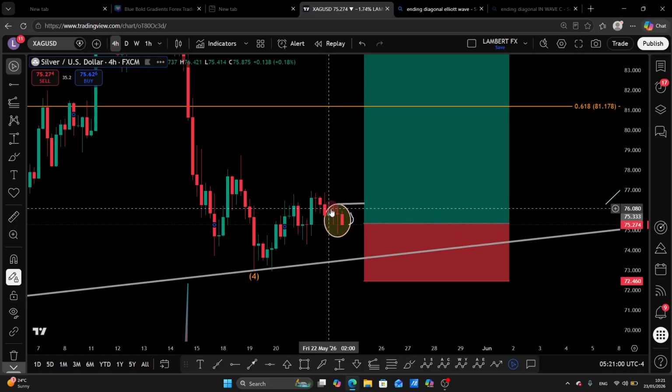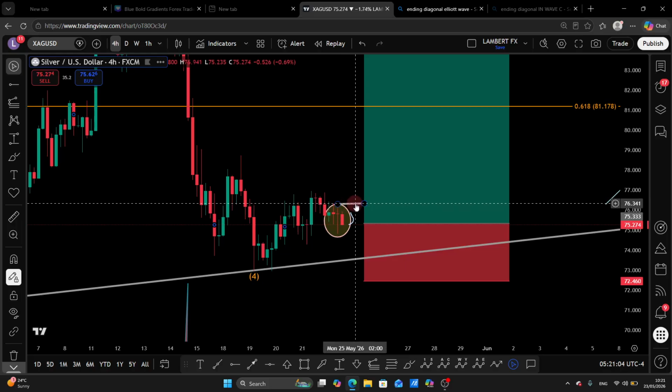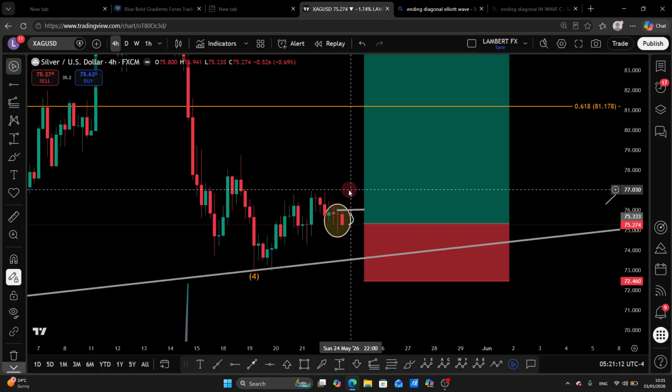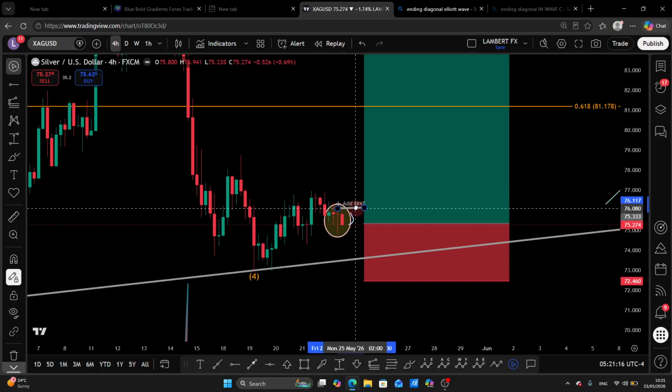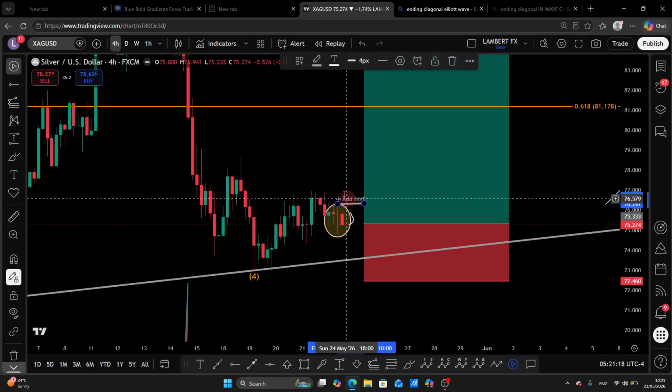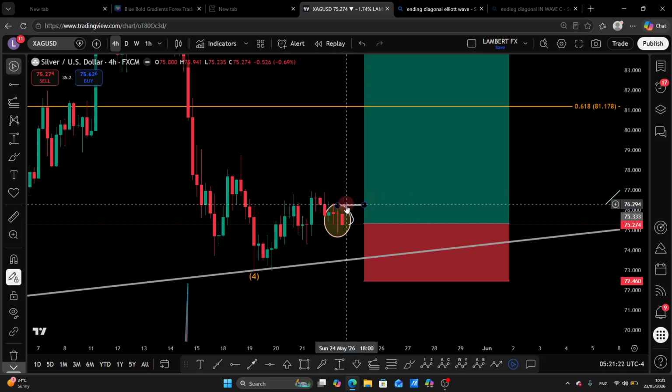If you see a break of the high of the pin bar, you go long. Some traders go long after the break of the inside bar candle, like this one here. It's entirely your choice, but I see this as a very good buying opportunity if you see a break of the pin bar high.